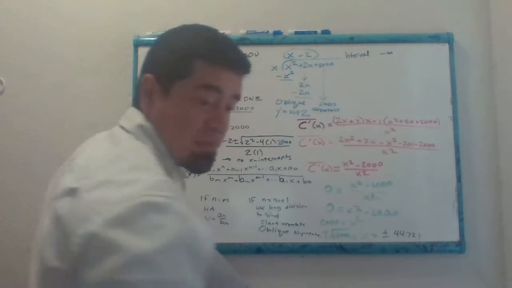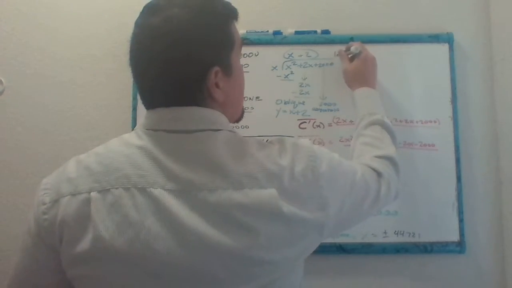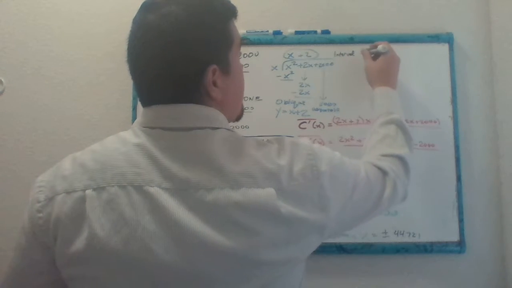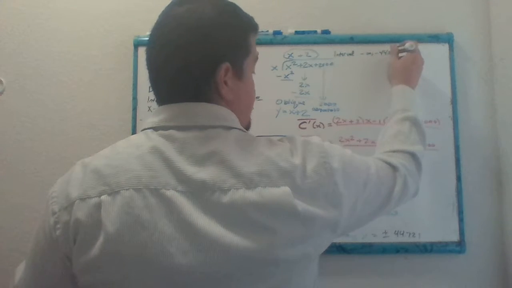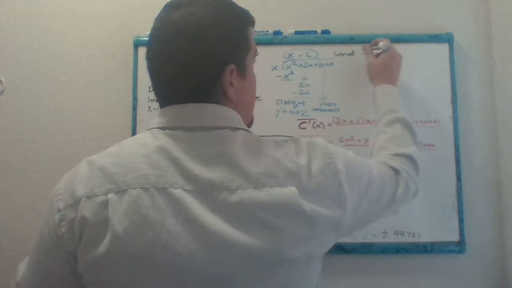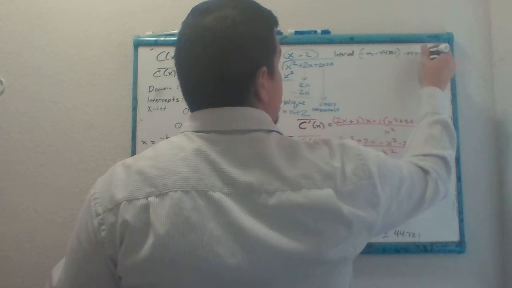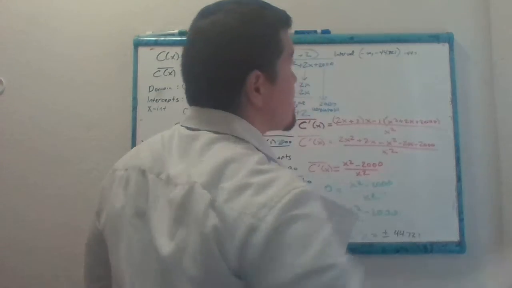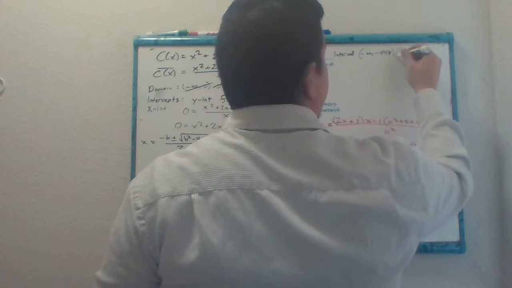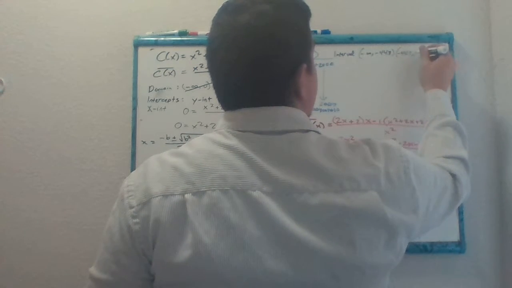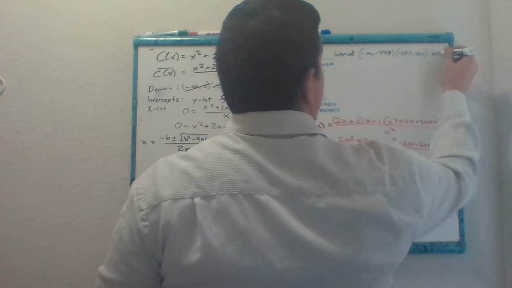Negative infinity to negative 44.7, and 44.7 is fine because we don't need all those decimals. Then negative 44.7 to positive 44.7, the interval between the two solutions, and then the interval after 44.7.